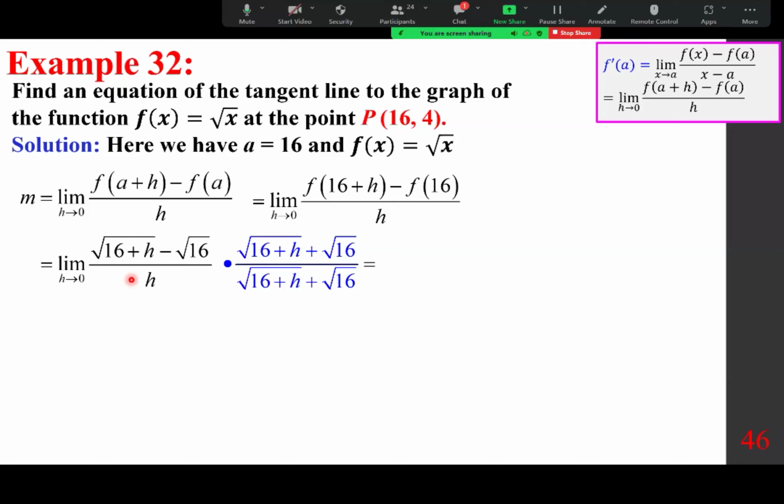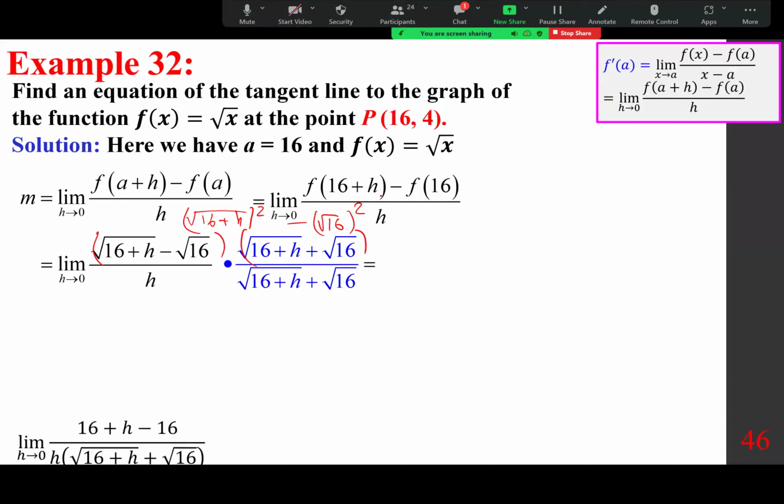The denominator is just the product of these two. We don't touch it. And again, you can keep it as square root of 16 or change it to 4. It doesn't matter. But the top is, when you multiply these two, you get square root of 16 plus h, quantity squared, minus square root of 16, quantity squared.